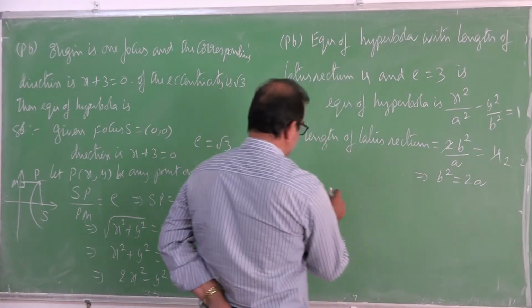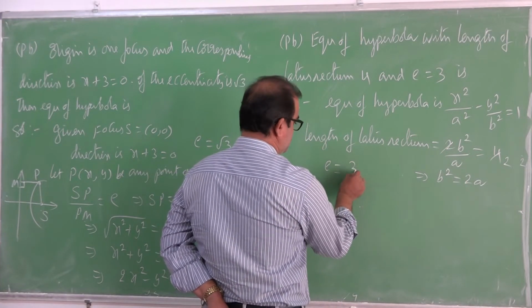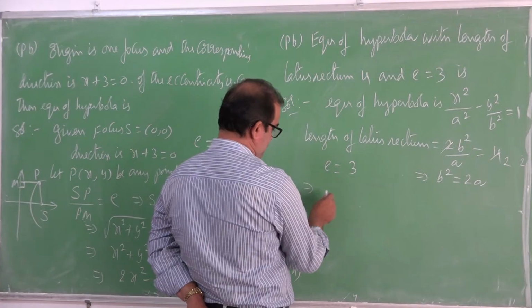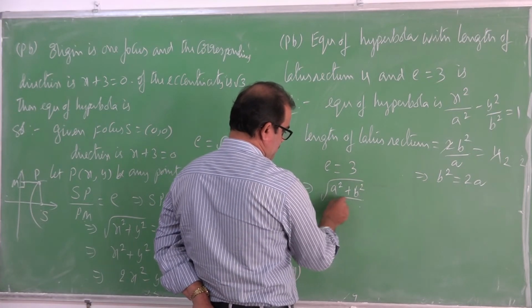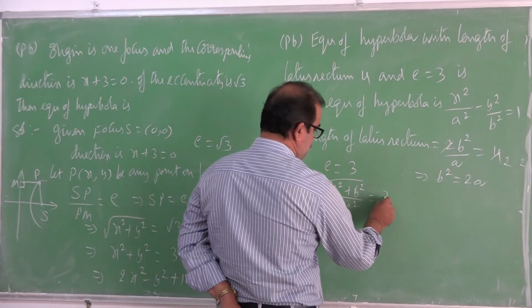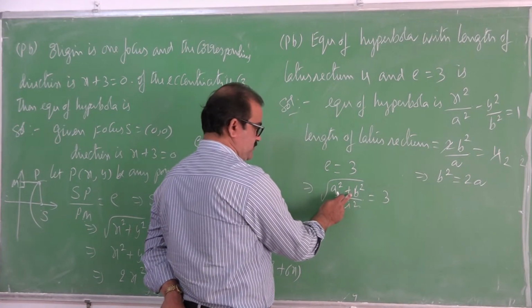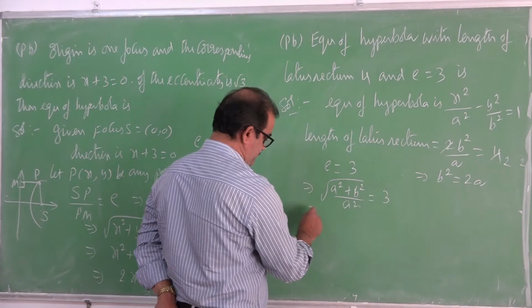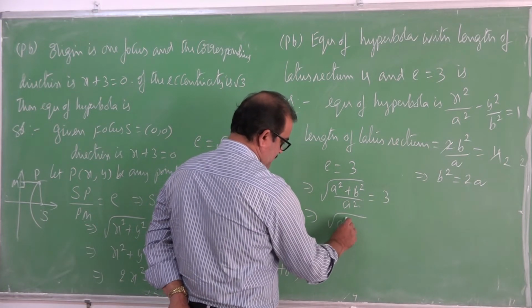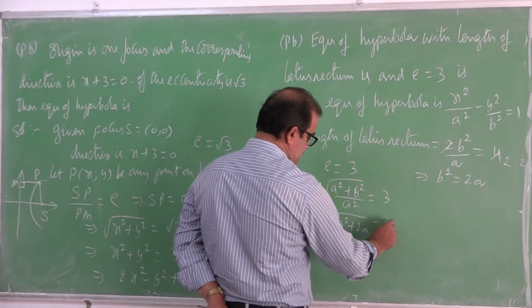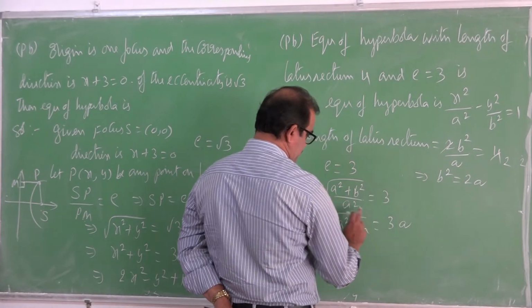Eccentricity is given: e is equal to 3. What is the formula of eccentricity? Root of a squared plus b squared by a squared is equal to 3. In this you substitute b squared is equal to 2a. Cross multiply: root of a squared plus 2a is equal to 3 into a.